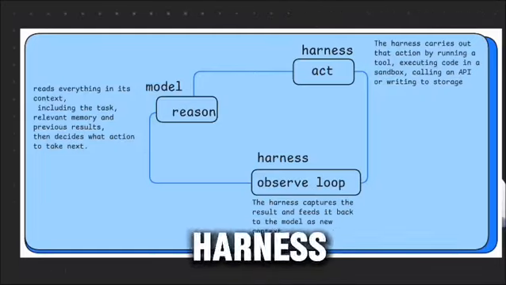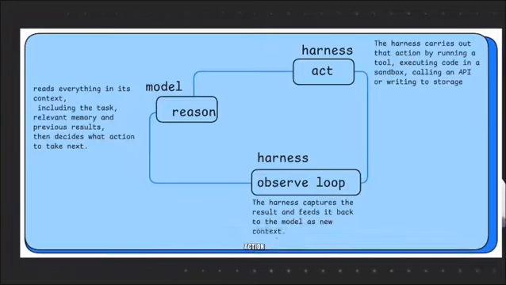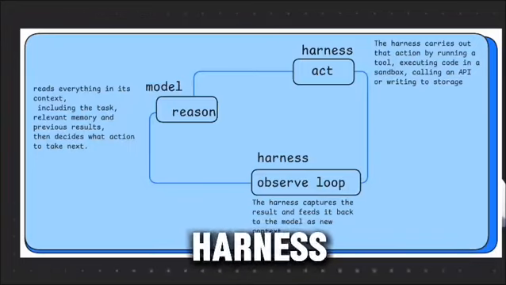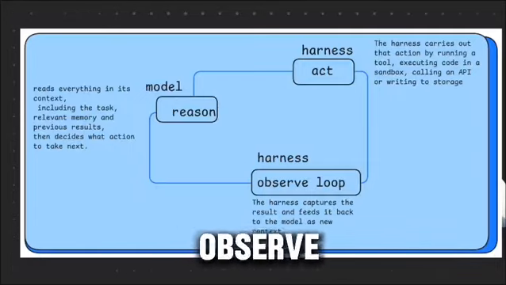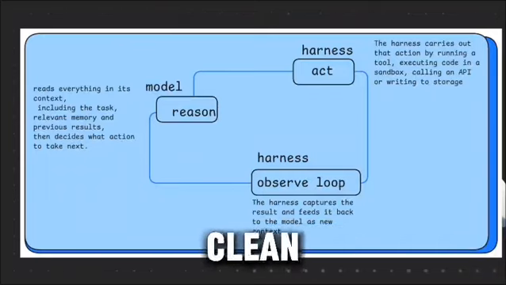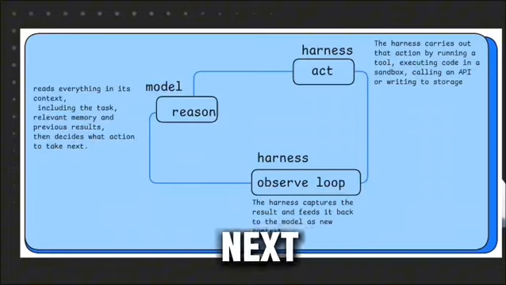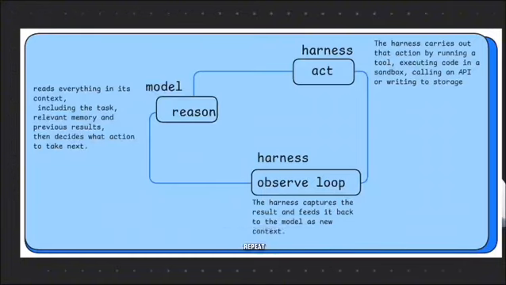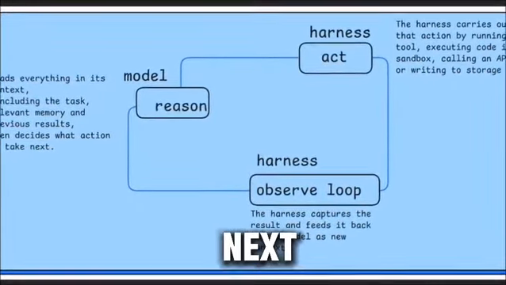Act: the harness interprets the choice, validates parameters, and runs the action in the sandbox. Observe: the harness captures the output, cleans it, writes it back to the context, and makes it ready for the next task. And repeat: the model reads, updates, and picks the next step.